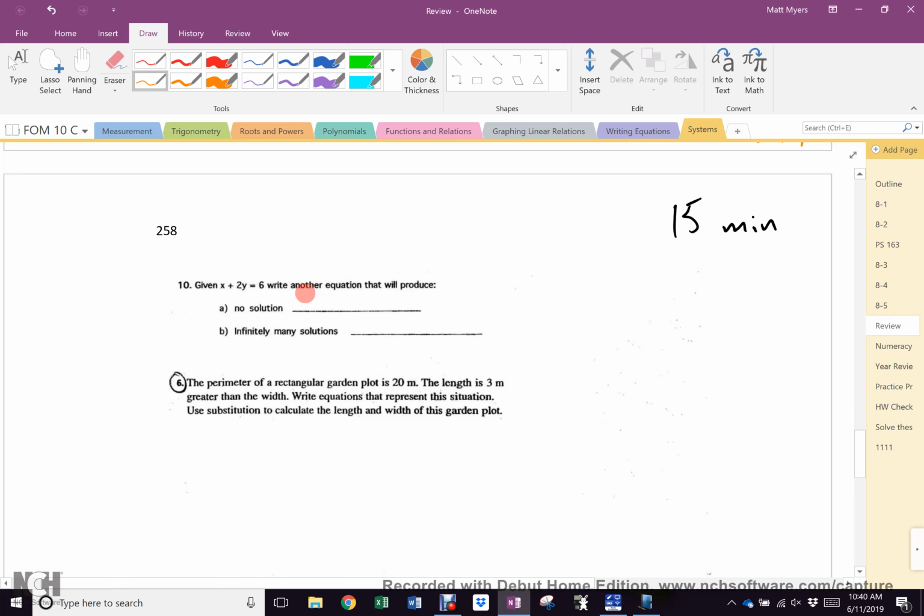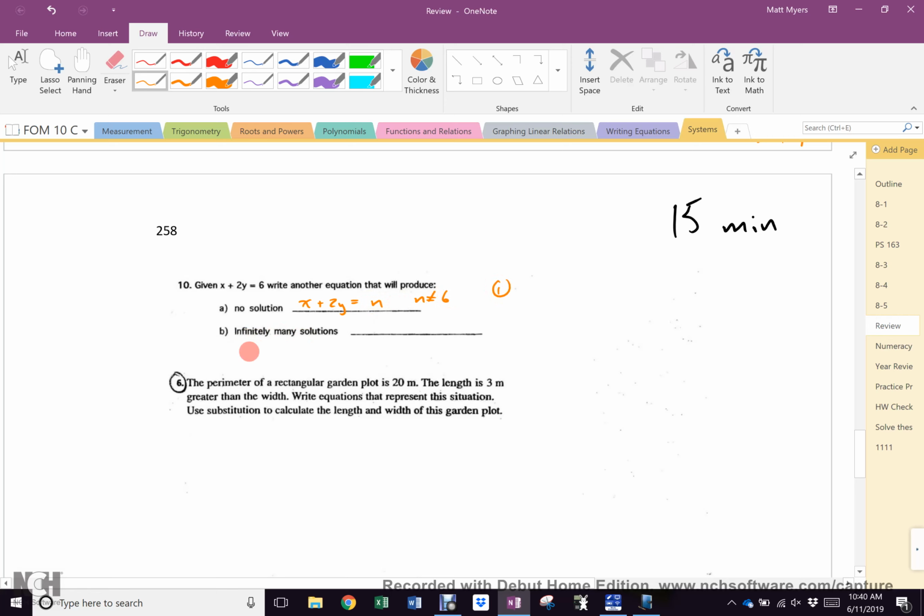So if there is no solution, x plus 2y equals what? Anything except what? 6. x plus 2y equals n, right? And n can't equal 6. So if you have written anything there except 6, you get the full mark available to you. Right?